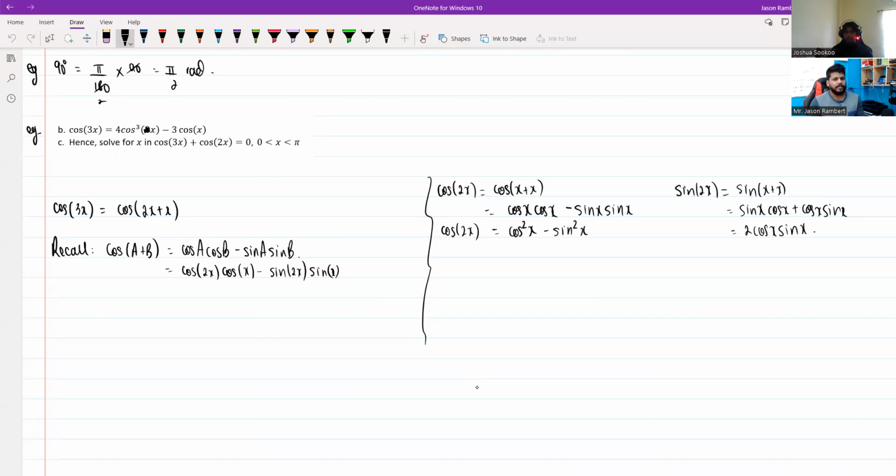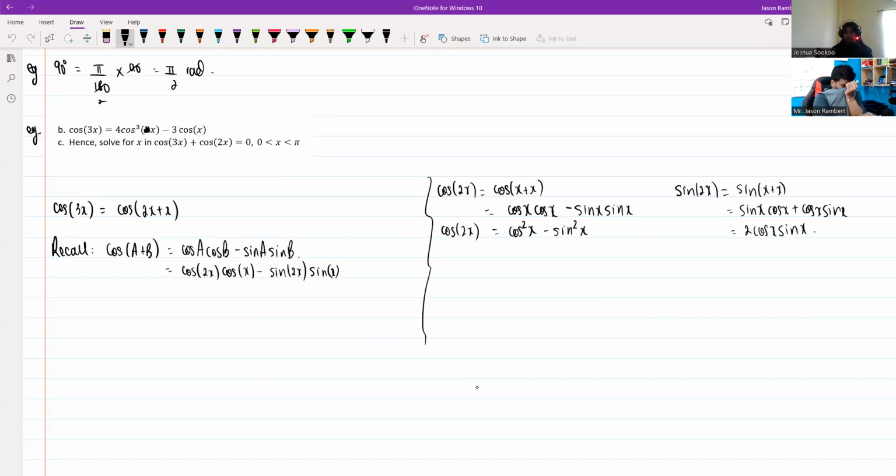It makes life a lot easier to work with a singular angle as opposed to a compound angle. So if you realize, I'm trying to break down cosine 3x in terms of cosine x's and sine x's alone.